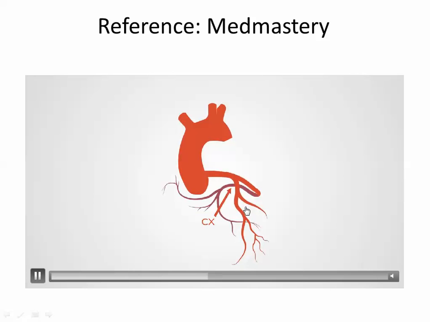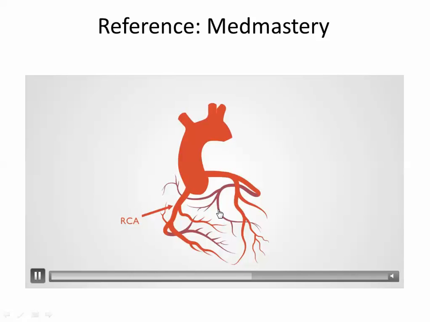This is the LCX in the AV groove, and this is the LAD in the interventricular groove. The LCX gives the OM, obtuse marginal. And this is the RCA that bifurcates; this is the acute marginal, and this bifurcates into the PDA and the PL. This and this in front are the first and second acute marginals. This is proximal to the acute marginal, this is mid to the second marginal, and this is the rest. This is the PL communicating with the LCX.